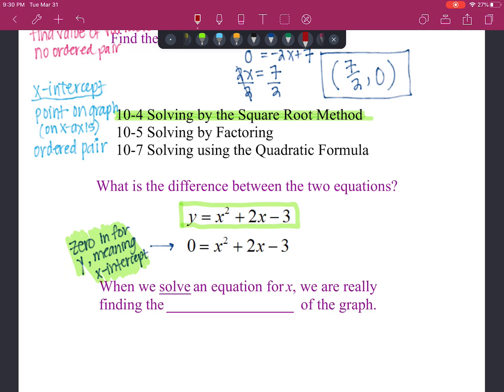So you put a 0 in for y, meaning that you will have an x-intercept when given an x and a y in an equation, which results in an ordered pair.